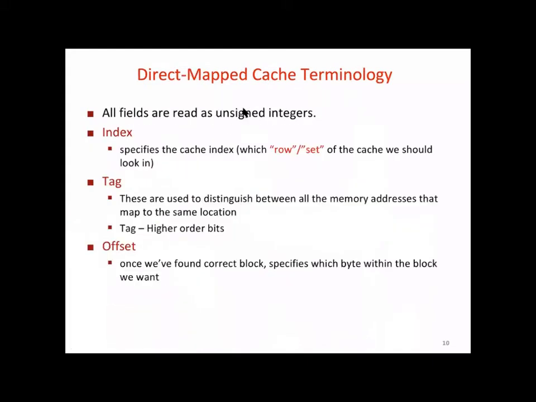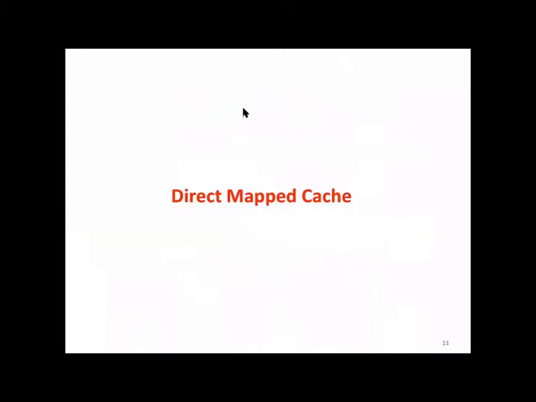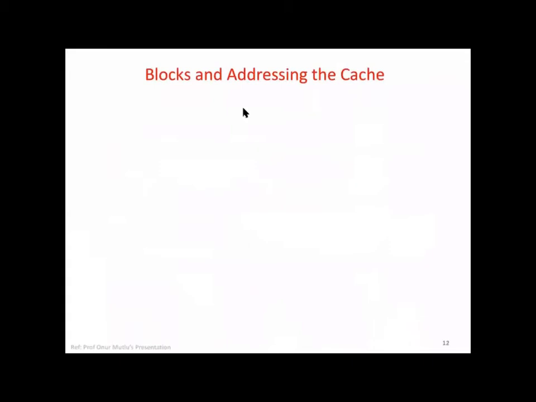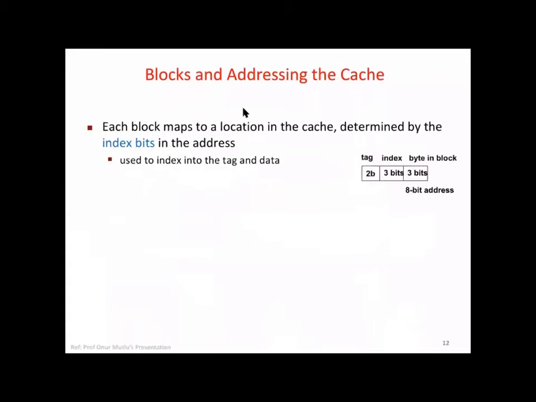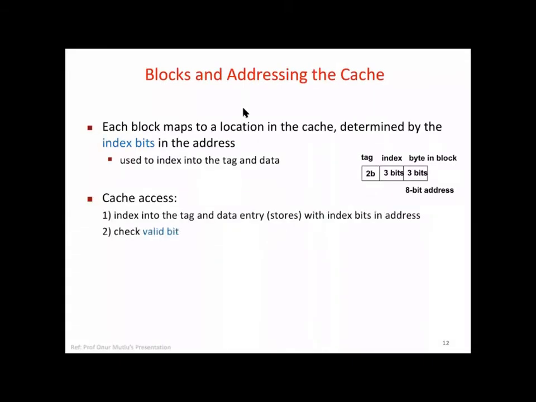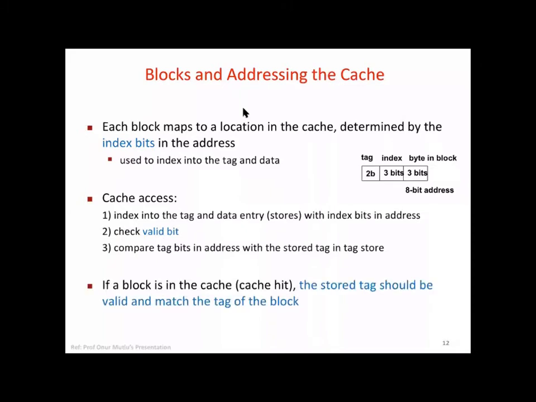This we have seen in the last class: the index, tag bits, and offset, where the offset is nothing but the offset within the block that we have brought in. With this knowledge, let's take up another example, and then we'll move into set associative memories. Let's take a very simple example.